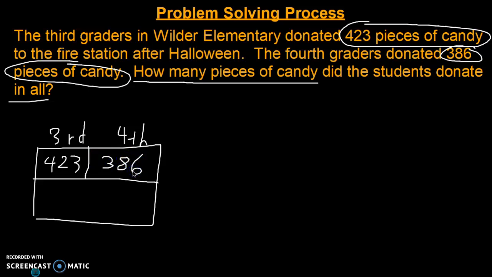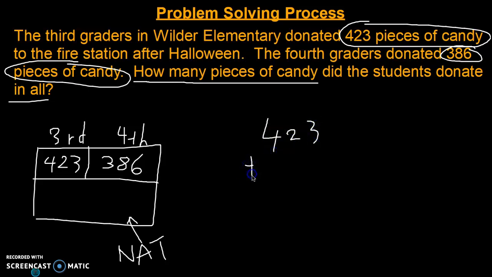Whenever there is no number in the total, which means we need a total, that tells the students that we're going to add the two numbers up, because your total has to be a greater number than 423 or 386. That's why we're going to combine them together.